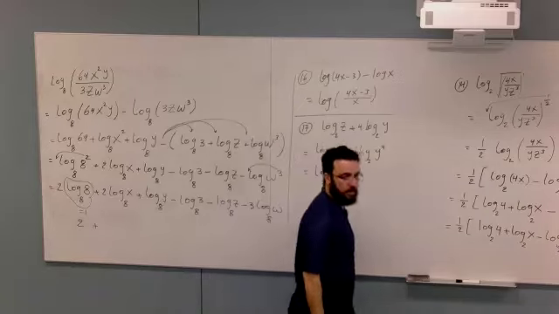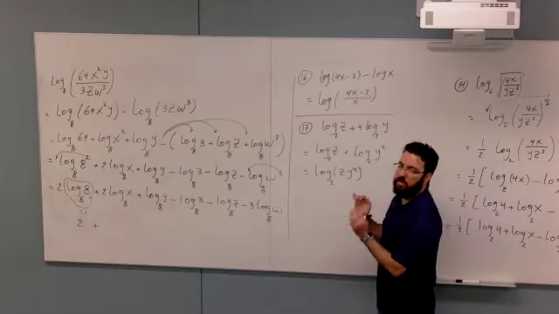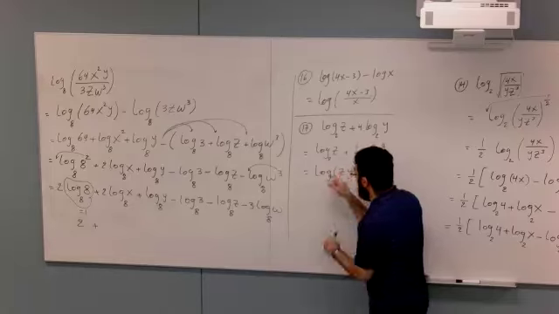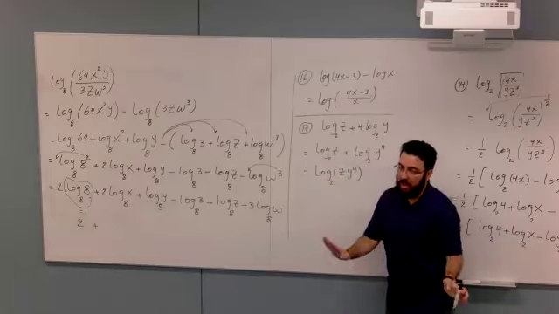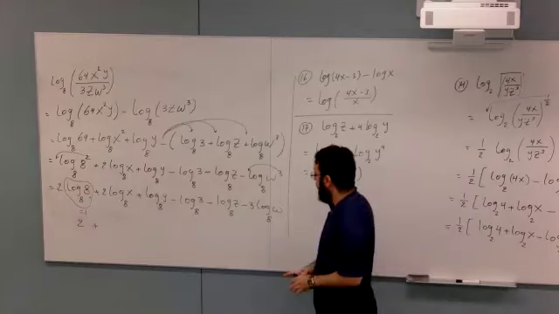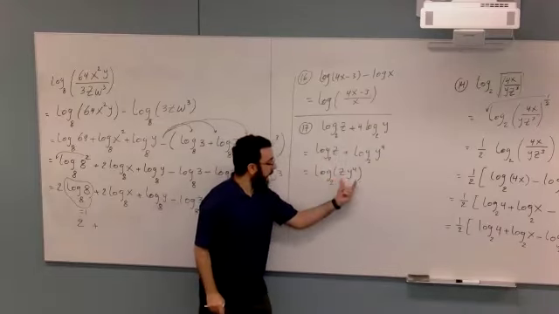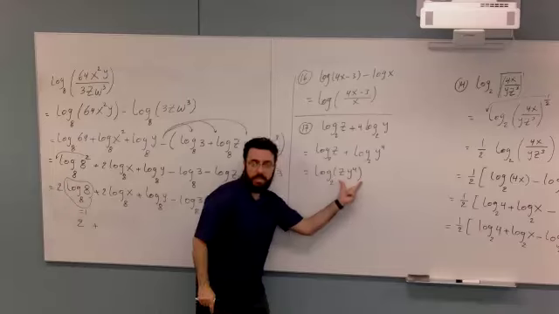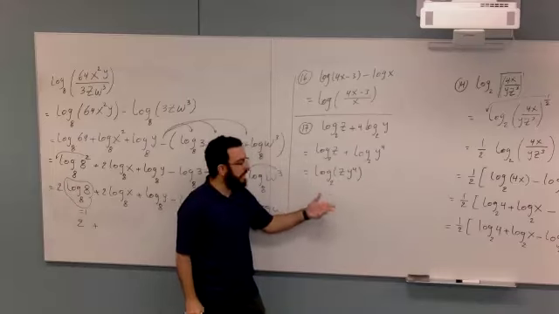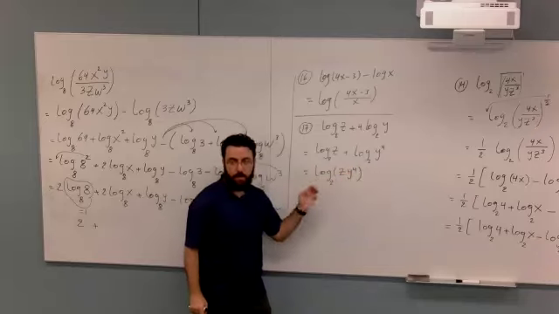That's it. These have the parentheses. You don't have to write down the parentheses, but I write them down to tell you everything here belongs to the log. That's a good question. If you don't write down parentheses, it's going to be fine. I'm going to understand it's log of z y to the power 4.